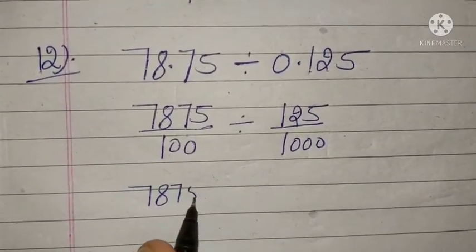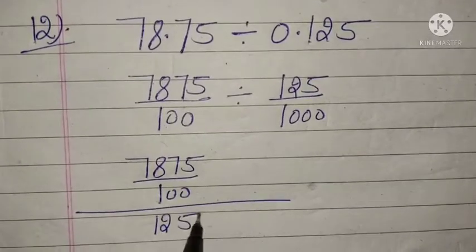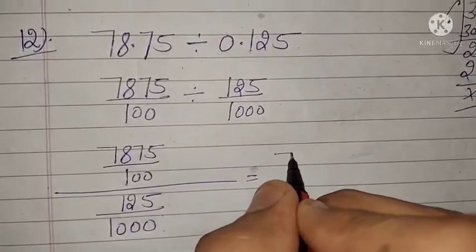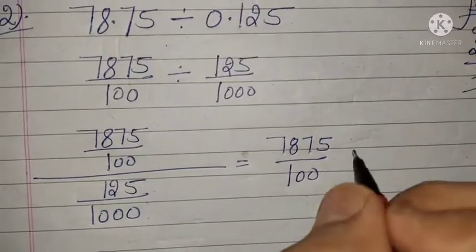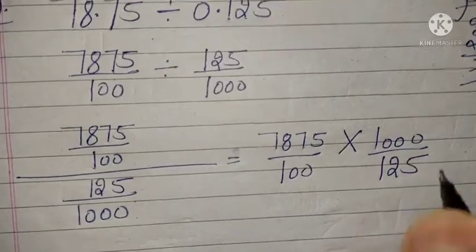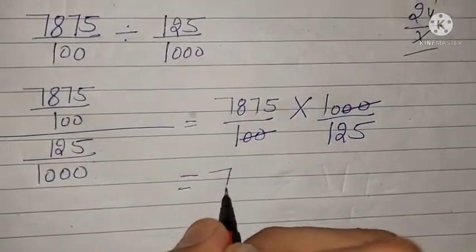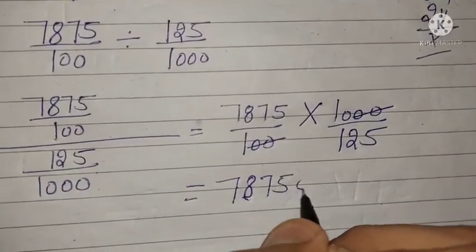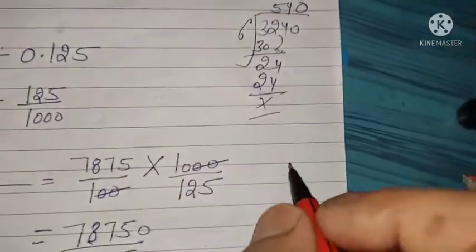So the first fraction would come like this and the second fraction would come like this. 875 upon 100 into 1000 upon 125. So it would be like 8750 upon 125. So divide it.